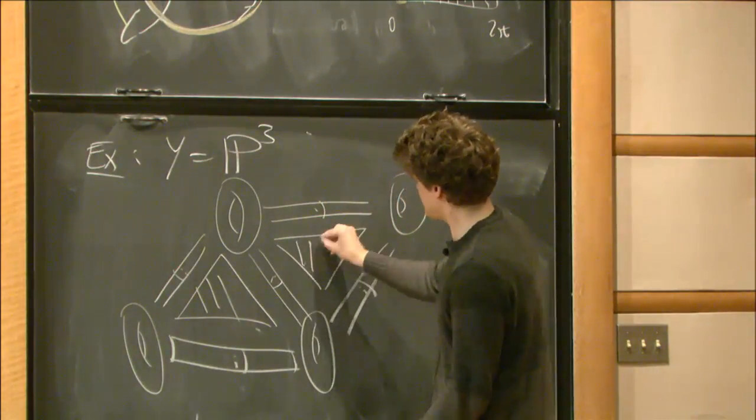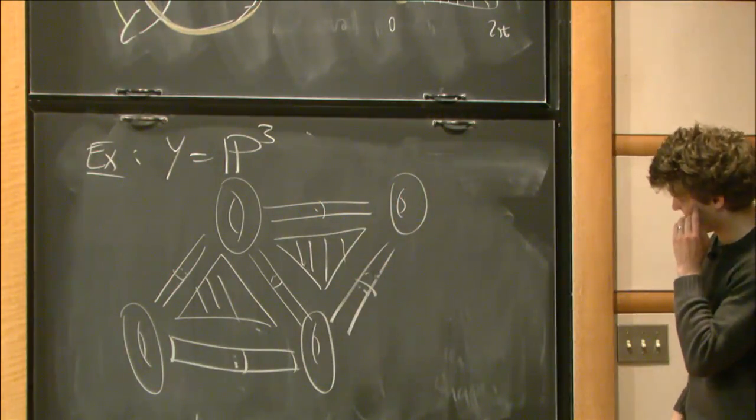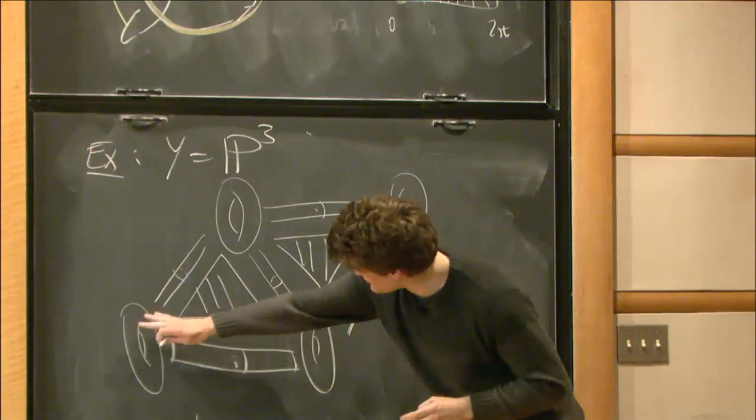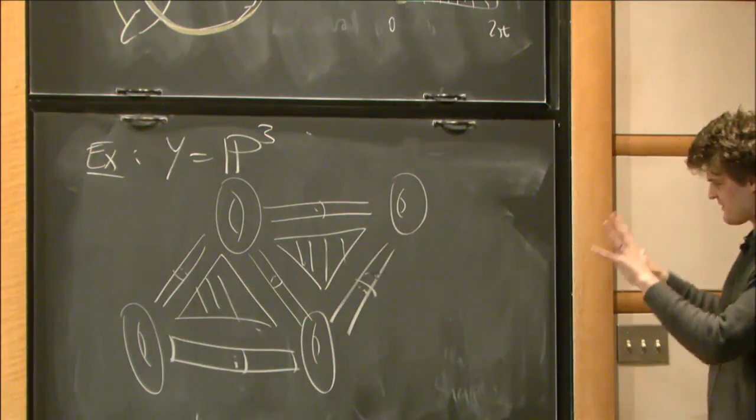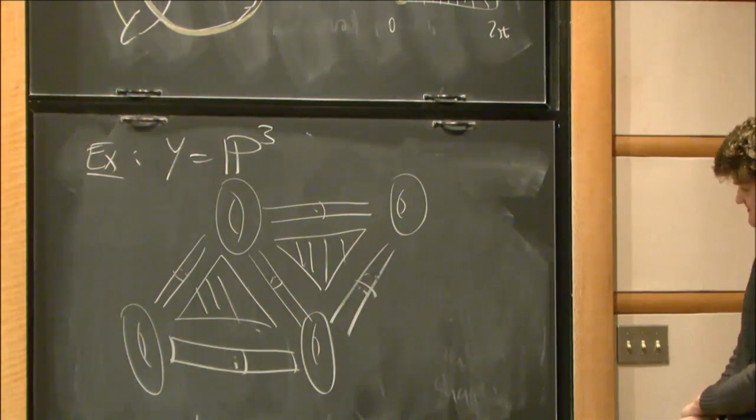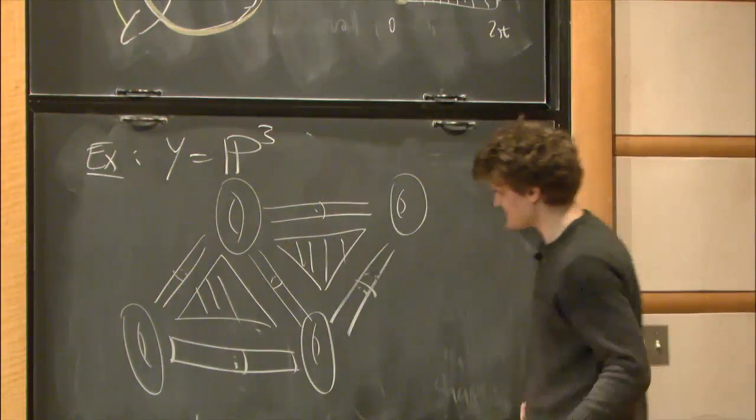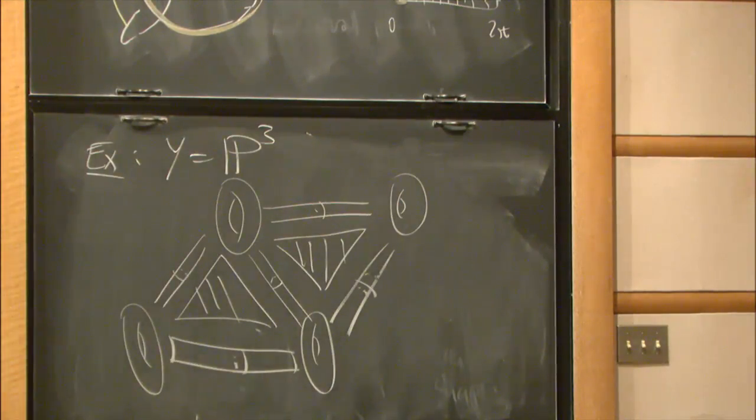And there are, well, I didn't draw one of them. One of them is behind this picture. And there are 4 Legendrian triangles corresponding to the 4 rays in the fan of P3.